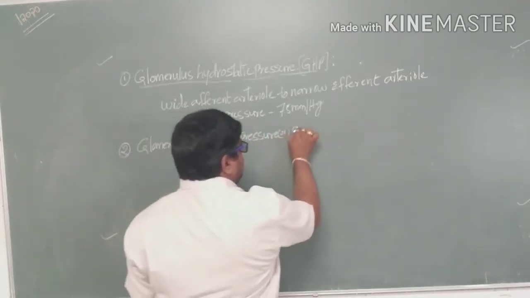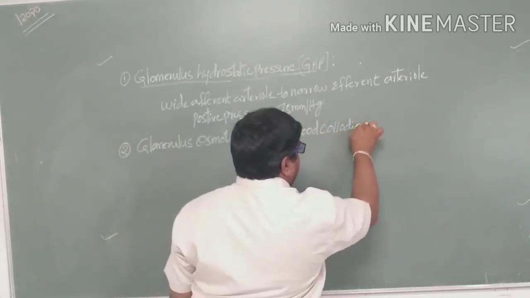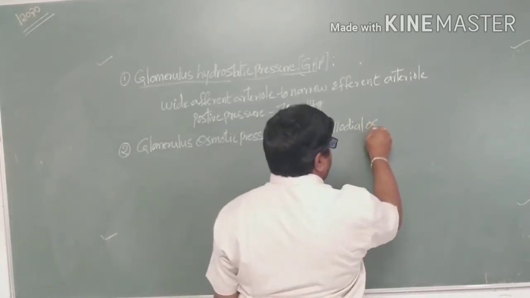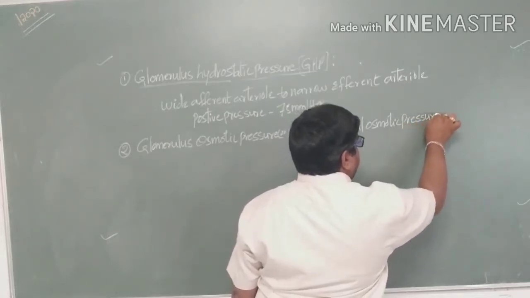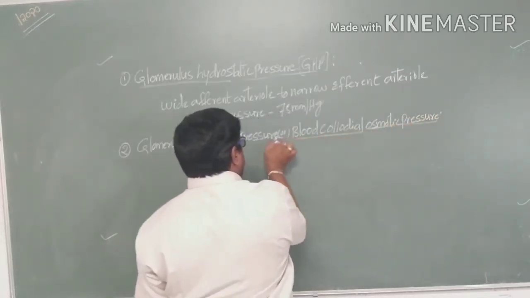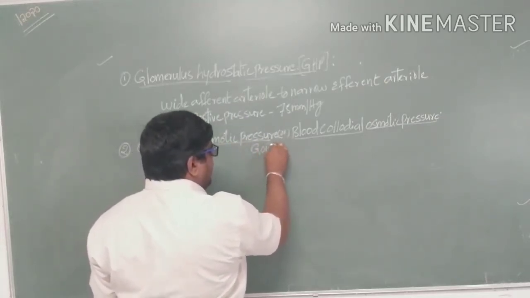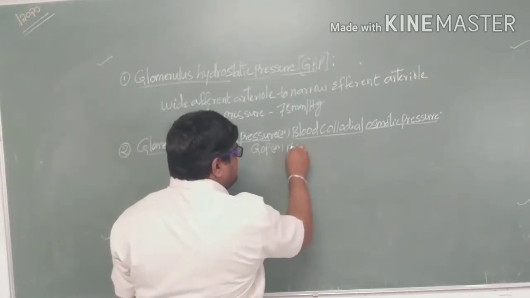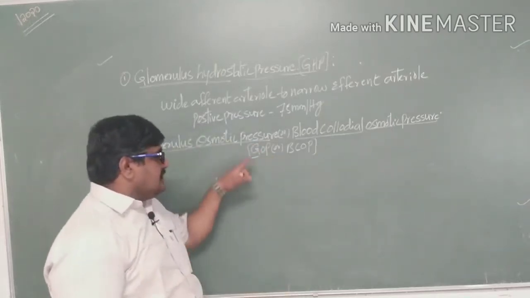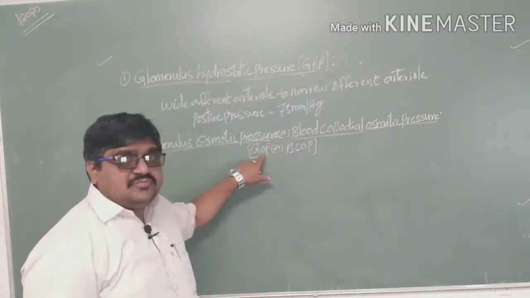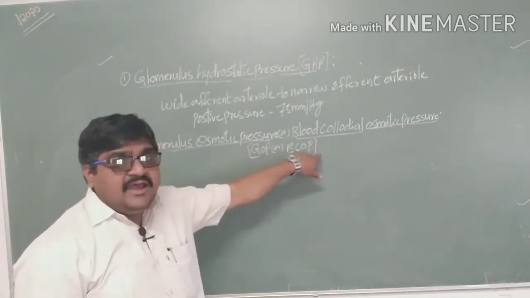It is called GOP, or it may also be called BCOP, the blood colloidal osmotic pressure, or the glomerulus osmotic pressure.